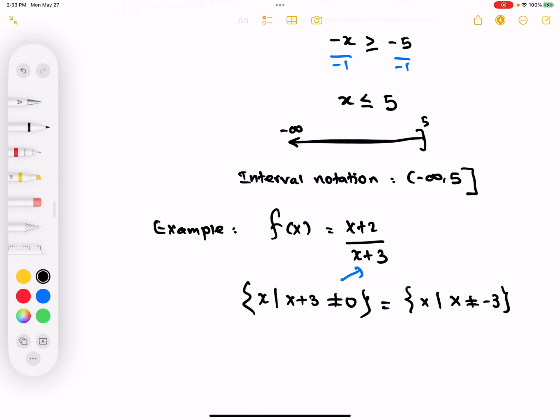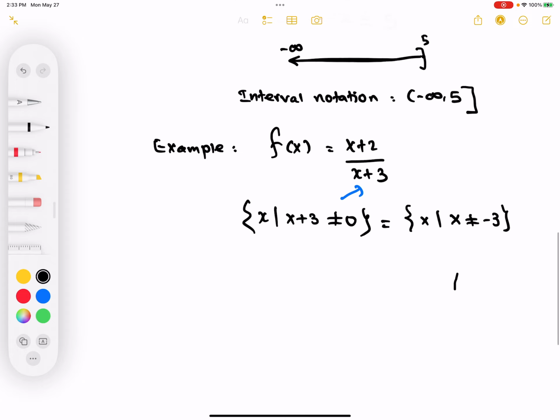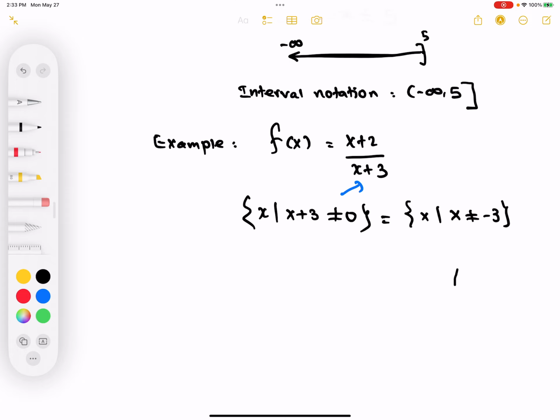Now, this is the statement, but in most of the questions you are asked to write in terms of interval notation. In order to write in terms of interval notation, first visualize. I recommend this: for example, draw a line. This function is not defined at negative 3, but it is defined for any values from negative infinity to negative 3 and to the right side.